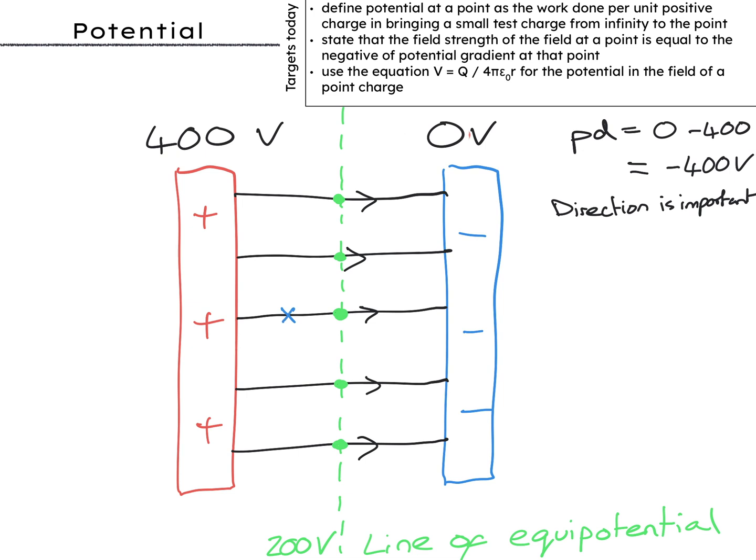So it's going to be 300 volts. We can draw another line of equipotential here. And here. With some labels.